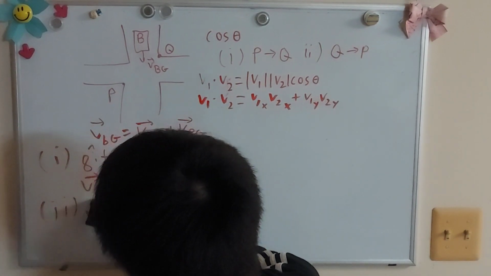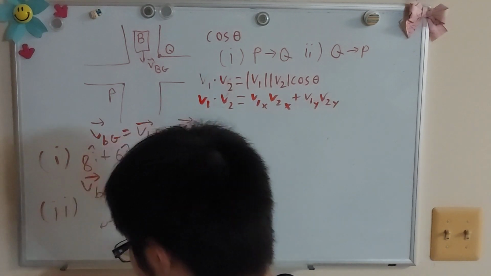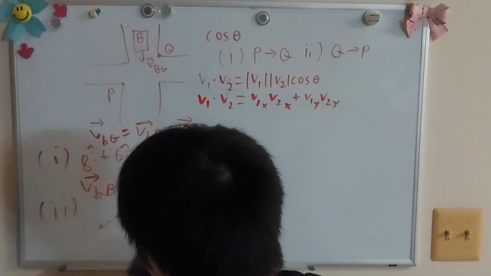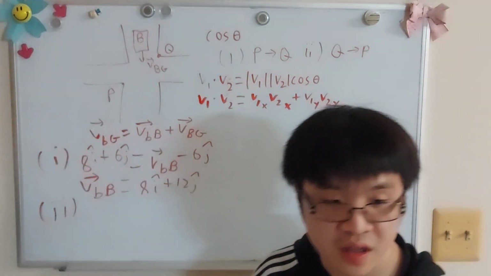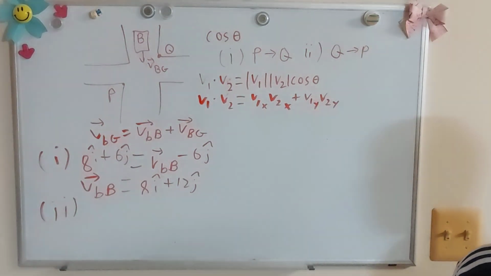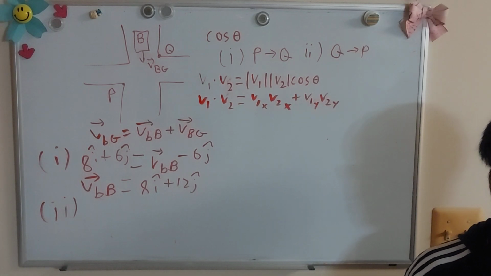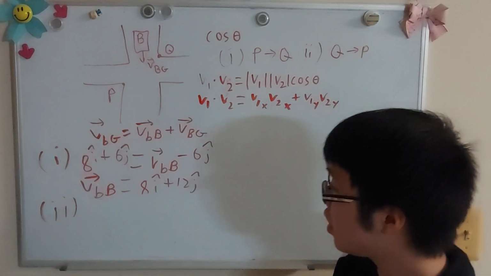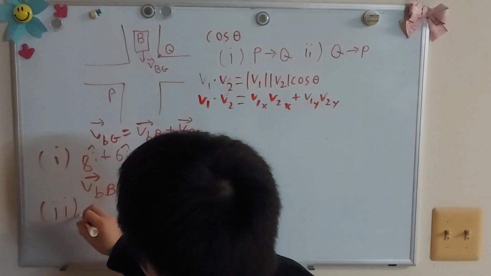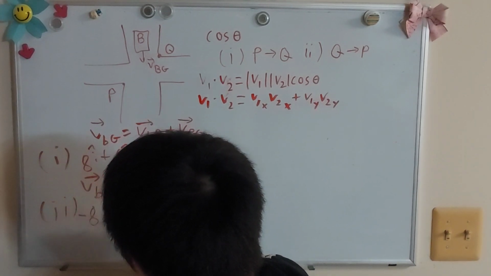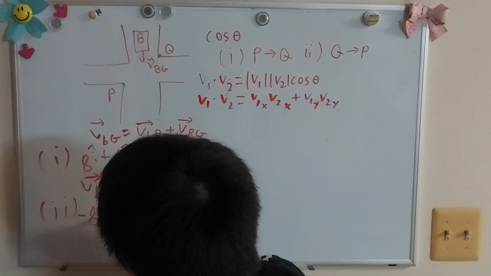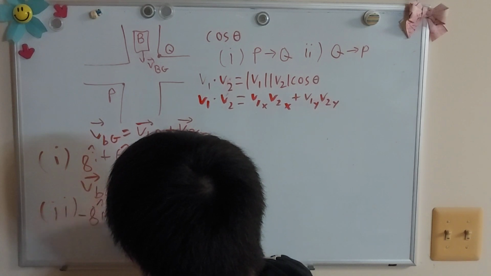Okay, so let's solve this the right way. Since we are told in part B that the velocity of the ball relative to the ground is the opposite of what we found in part A, we know that the velocity of the ball relative to the ground in part B is negative 8i minus 6j.